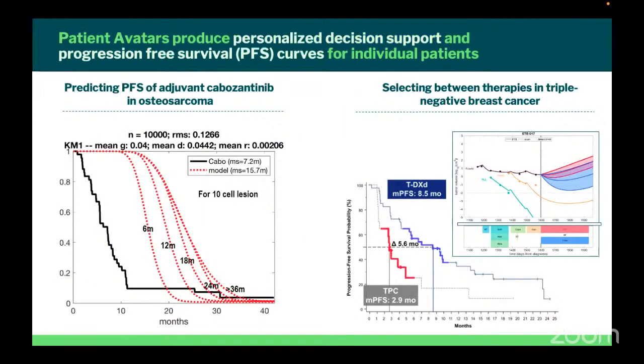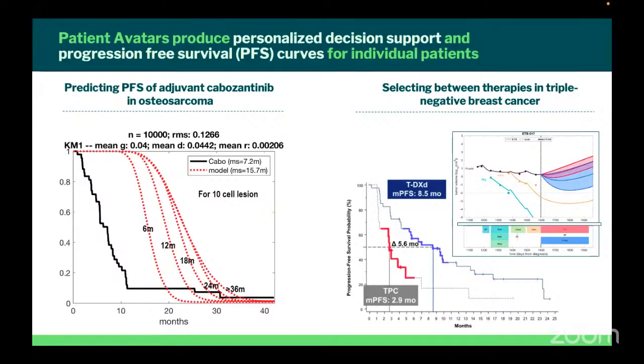So just a couple of examples from our ETB, or evolutionary tumor board. On the left, we had a patient with osteosarcoma who came to us, and essentially they had resectable disease. So at the time they joined the tumor board, there was no evidence of disease for them. And they wanted to try cabozantinib, which a few years ago was minimally used for osteosarcoma.